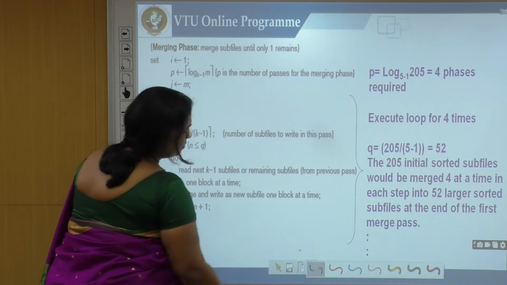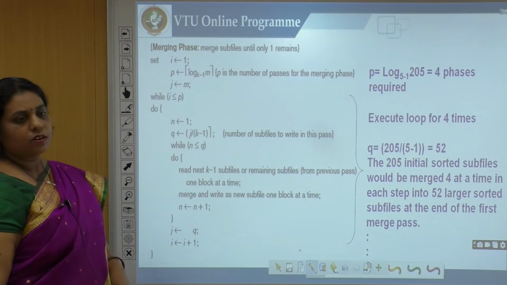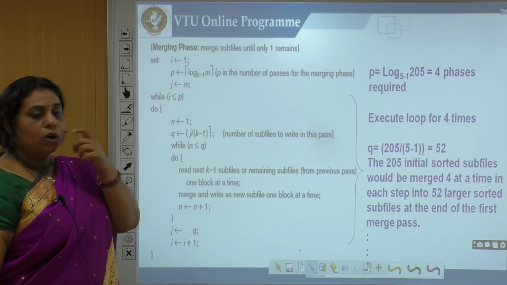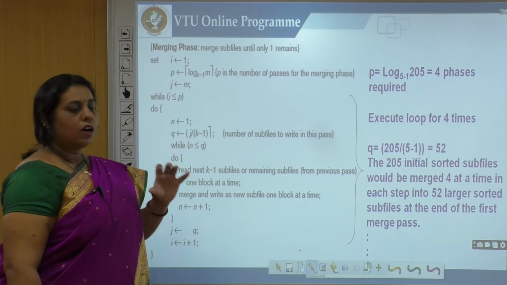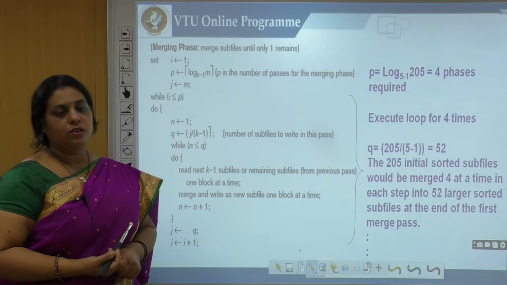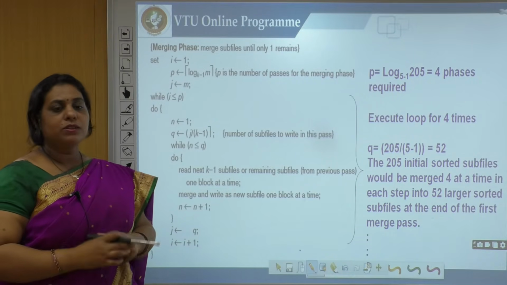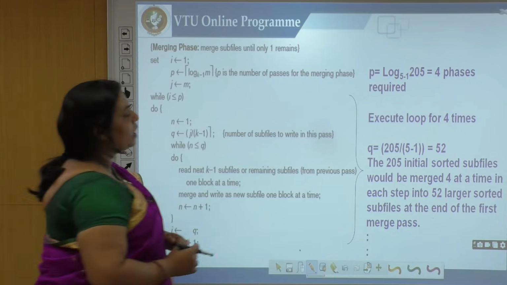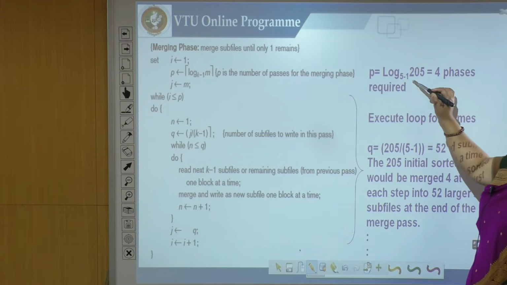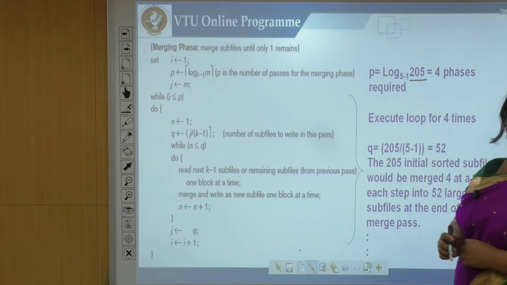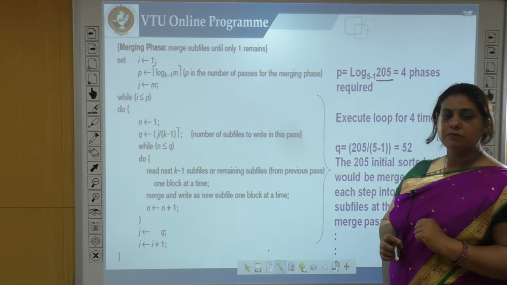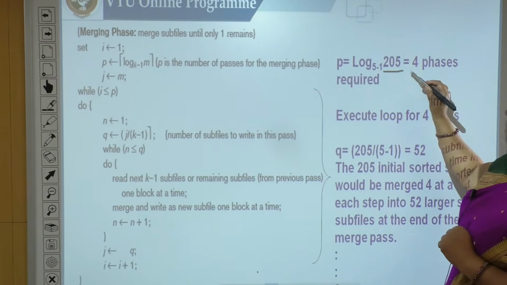So, let us look into the algorithm here. The counter I is initialized to 1. Now, how many times the merge will work has to be decided. I have 205 subfiles.